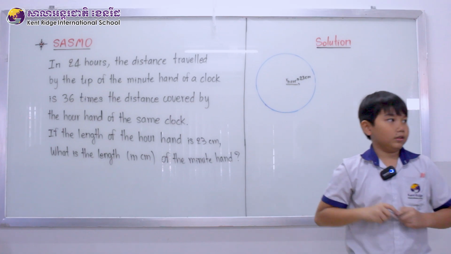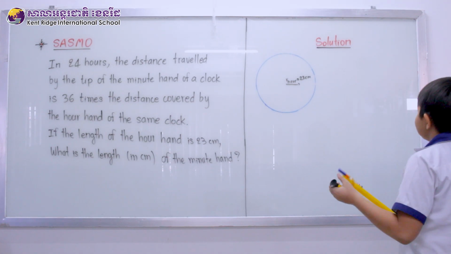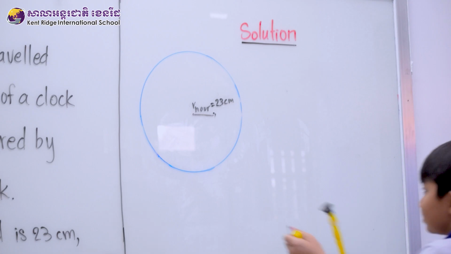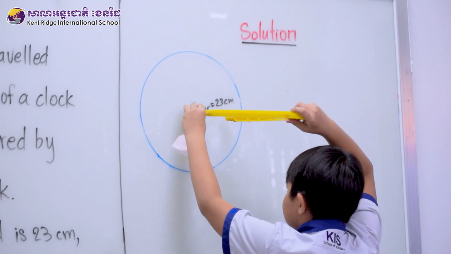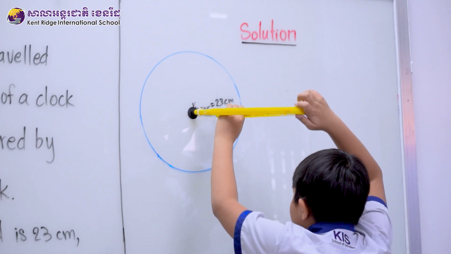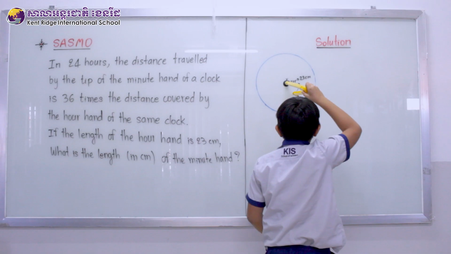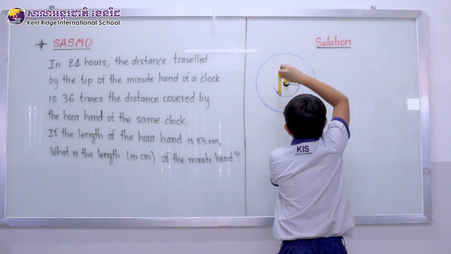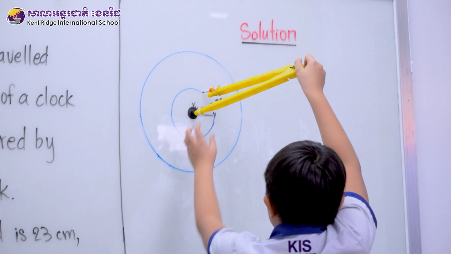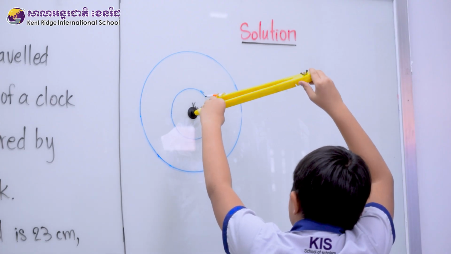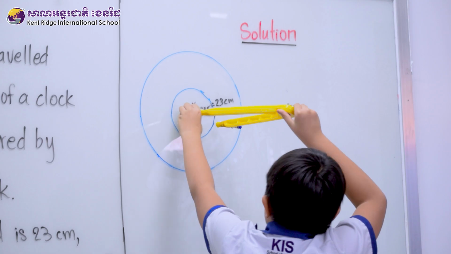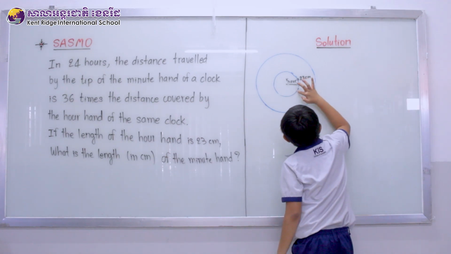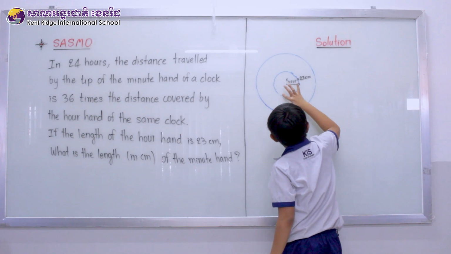And then we're going to draw the revolution of the hour hand. So this is the revolution of the hour hand.